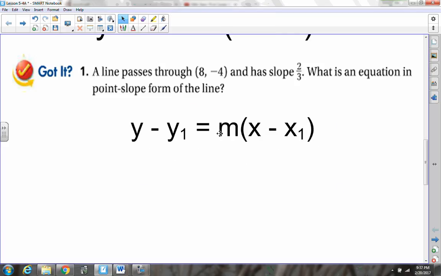Your job is to replace this letter with a number, that letter with a number, and that letter with a number. And then you'll be done. Your equation will be finished. So take a second to fill those in, write that equation down, and then come back and I'll show you what you should have. Pause the video now, take a look at that, and then come back.